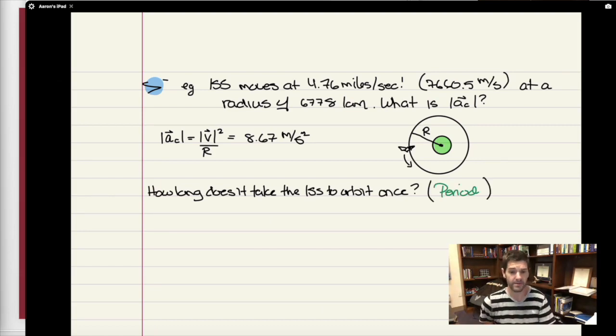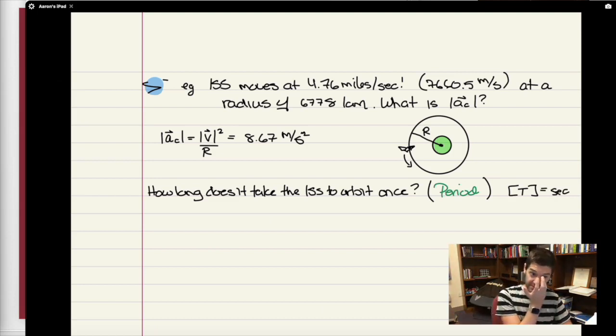If I'm talking about the period of an orbit or of an oscillation, I'm saying, how long does it take to get back to where it started? In this case, the period represents the amount of time it takes to go around the Earth once. Your book uses capital T for period. The units of period, of course, are seconds, minutes, hours, something to do with time.